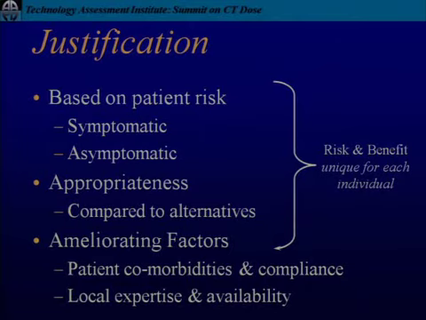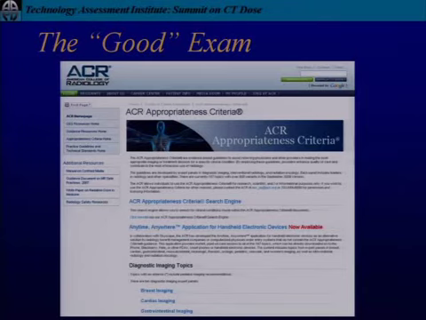It has to do with appropriateness compared to other alternative imaging modalities and clinical assessment, and ameliorating factors, patient comorbidities and compliance. Can they be in a scanner for 30 minutes? If not, CT is more important. And local expertise and availability. All of these factors really create a unique benefit and risk profile for each patient.